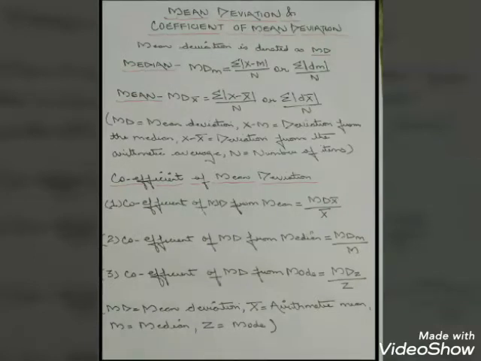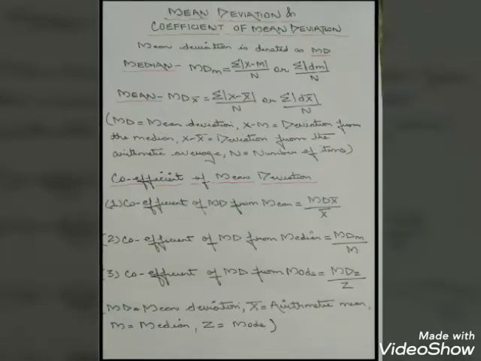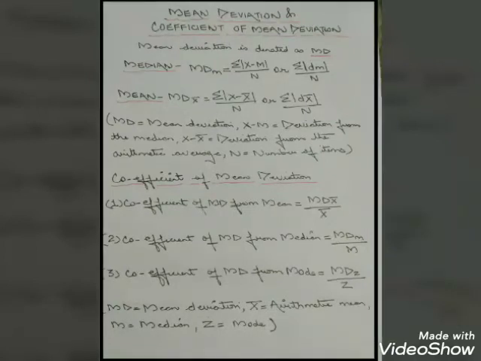Accordingly, the formula for coefficient of mean deviation from mean is MD x̄ upon x̄. The formula for coefficient of mean deviation from median equals MDM upon M, that is median.